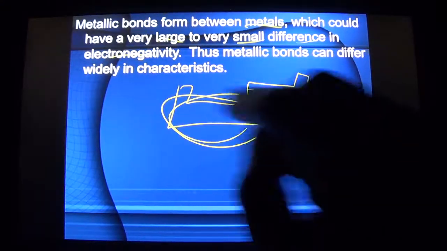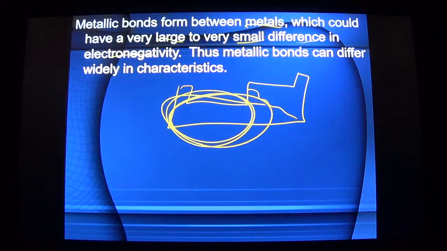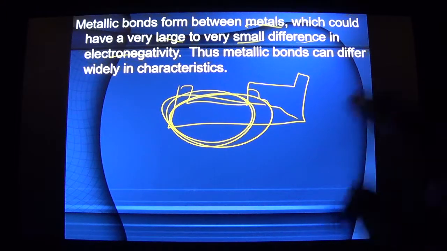Anytime we're only on this side of the stair-step line, let's call that metallic bonding. That's a really great generalization. Metallic bonds will vary widely in characteristics. It will depend very much on exactly what elements you're looking at at that very moment, and we'll be carrying that theme throughout the rest of the notes.